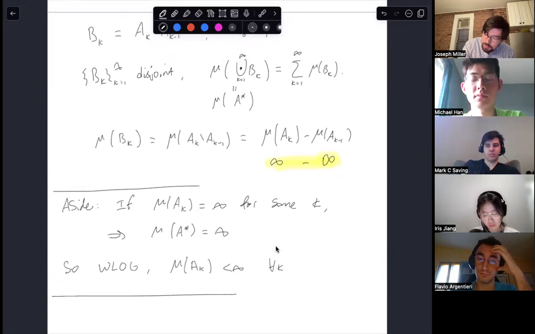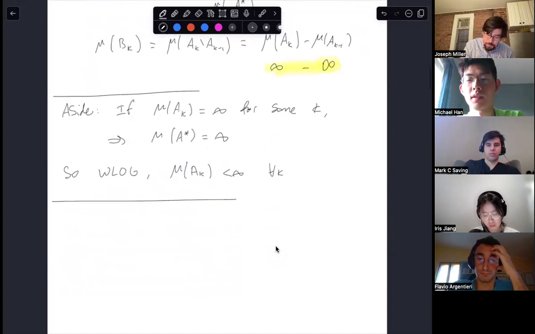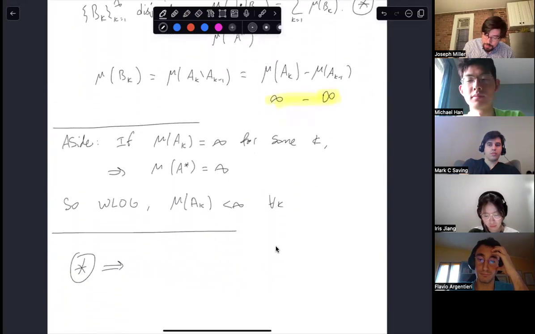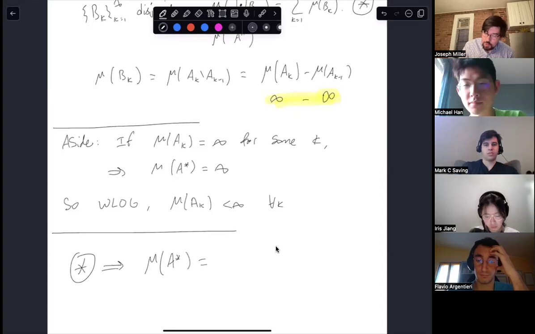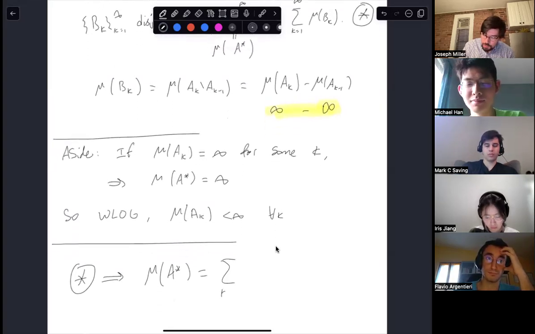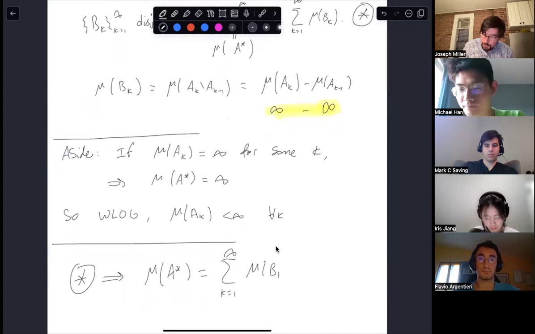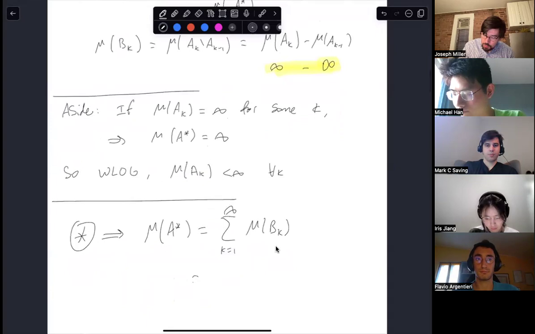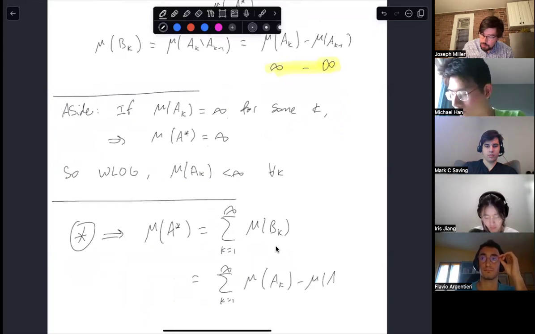And what I get in the sum, if I call this star, so star implies, what did I have? I had mu of A star is equal to the sum, k equals 1 to infinity, of mu of BK, which is equal to the sum, k equals 1 to infinity, of mu of AK minus mu of AK minus 1.